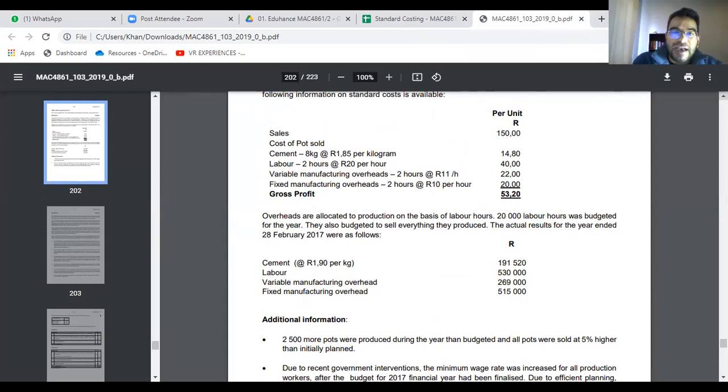Conversion costs: direct labor plus manufacturing overheads. And variable manufacturing costs is all your manufacturing costs that are variable: direct material, direct labor, variable manufacturing overheads. Make sure you pick those kind of things up. So per unit, it is 80 plus 40 plus 22.